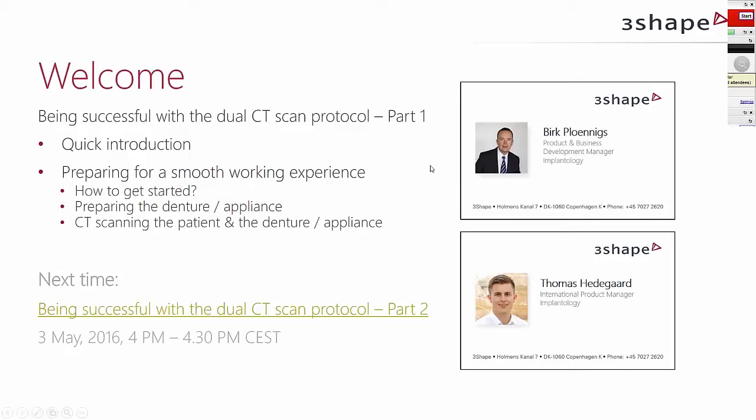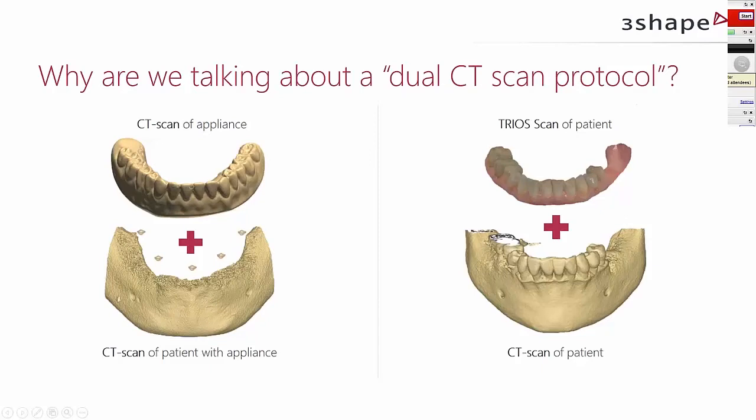So I think we just jump straight into it. I think the first fair question to ask is what the dual scan protocol is and how it distinguishes itself from a surface scan or the normal scan protocol we're using in Implant Studio based on a 3 scan. Maybe Thomas, you can tell us more about it. Yeah, I'll try. I prepared a slide illustrating the two different protocols we have available in Implant Studio today.